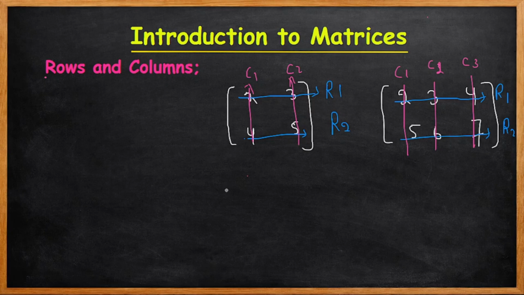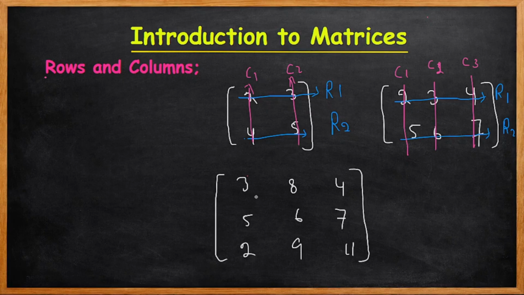Let me have another example of a matrix which contains 3 rows and 3 columns. Let's suppose 3, 8, 4, 5, 6, 7, 2, 9 and 11. So in this matrix there are 3 rows and 3 columns. Again, this is the first row, row 1.